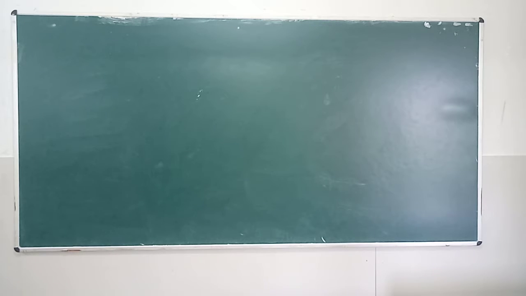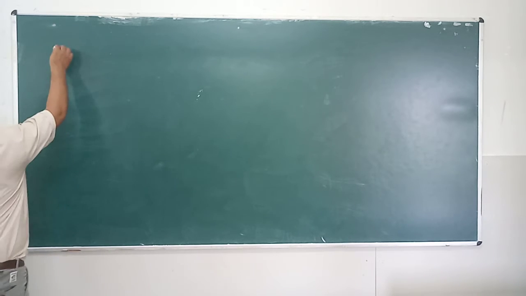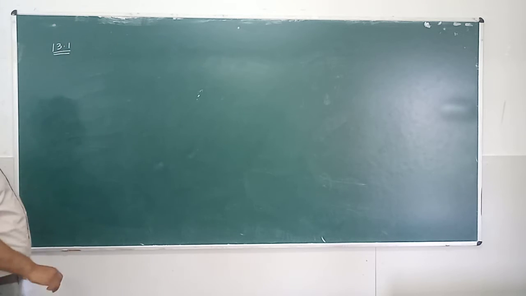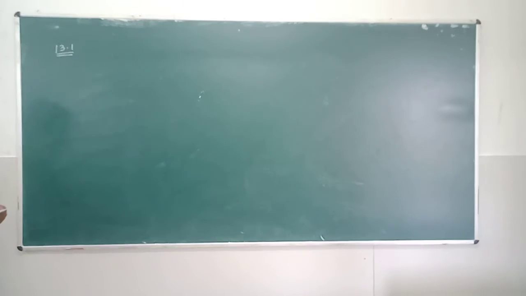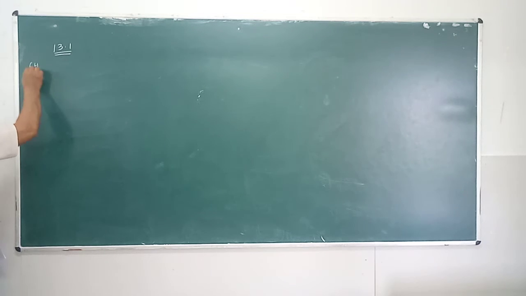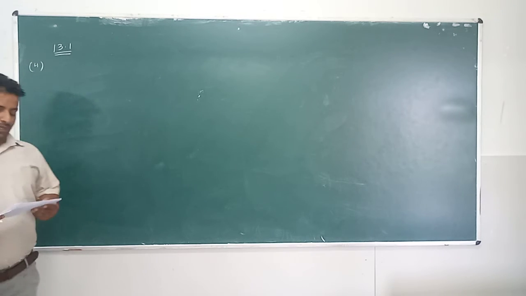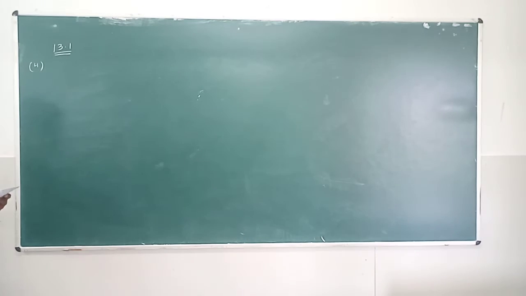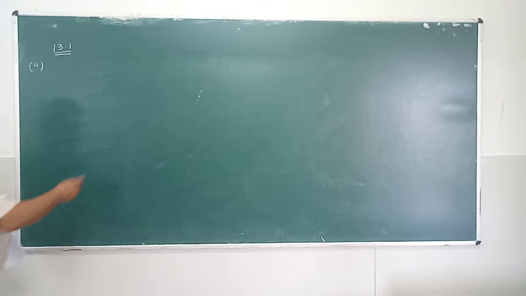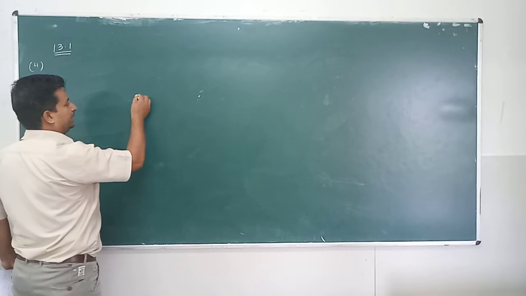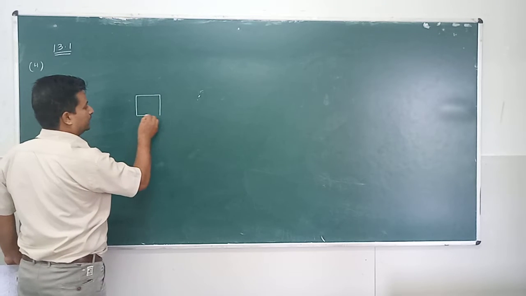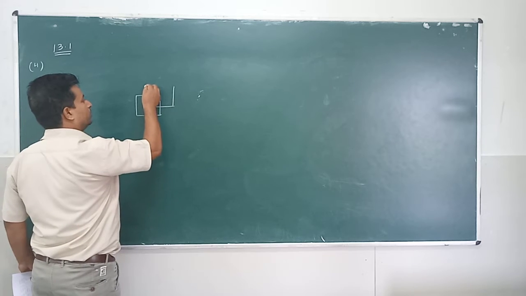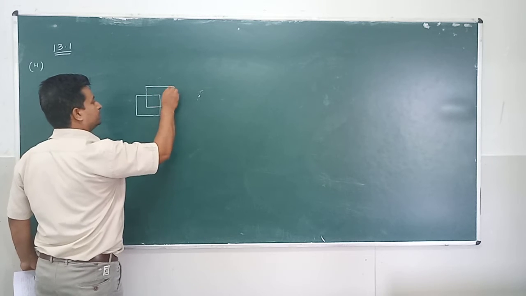Good morning, students. Today we will discuss the remaining questions of exercise 13.1, that's surface area and volume. In question number 4, the statement is: a cubical block of side 7 cm is surmounted by a hemisphere.